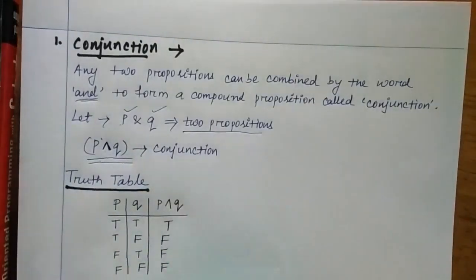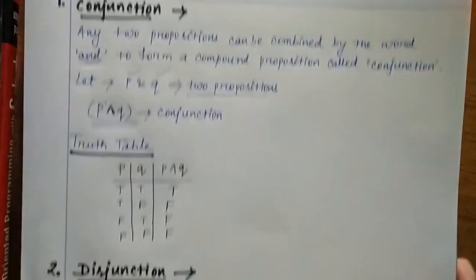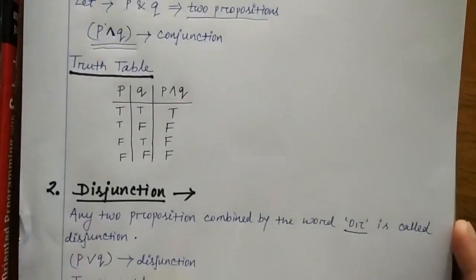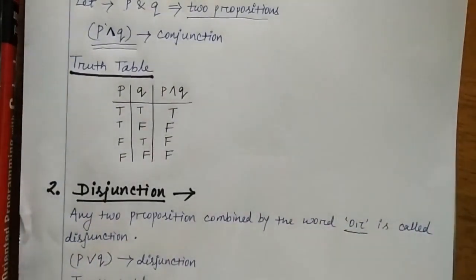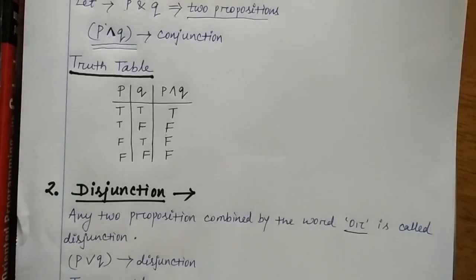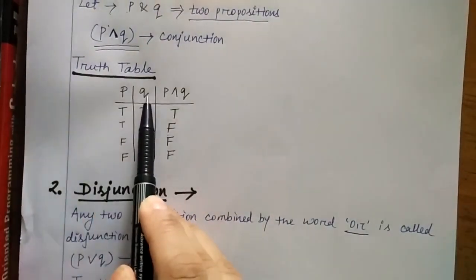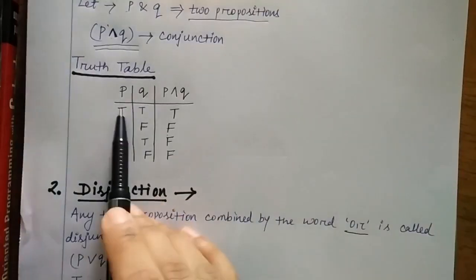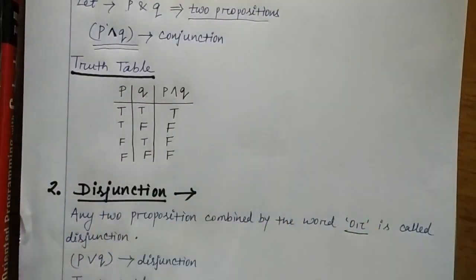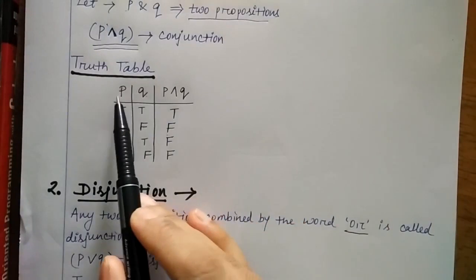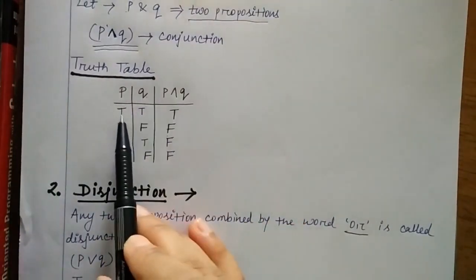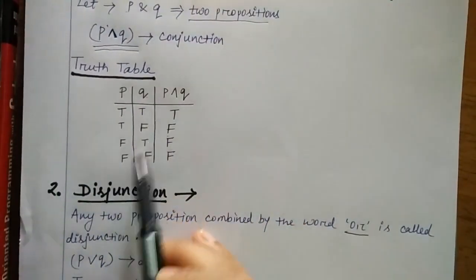Now we'll see the truth value. You may ask why a truth table. I told you that every proposition has a truth value. If a single proposition has a truth value of true or false, for two propositions how many combinations can you have? 4, that is 2 cross 2. Then we'll see the truth table. P and Q: true true, true false, false true and false false.